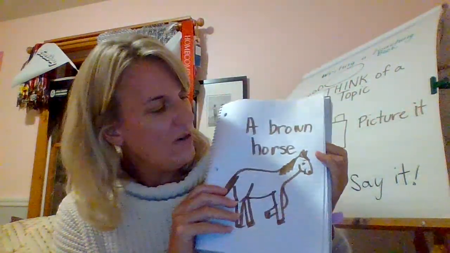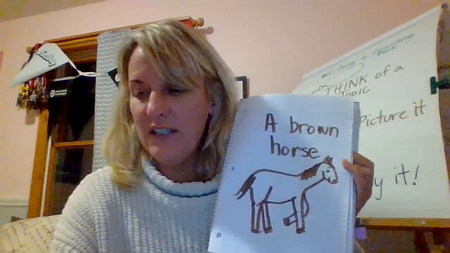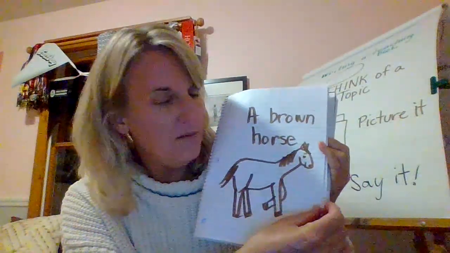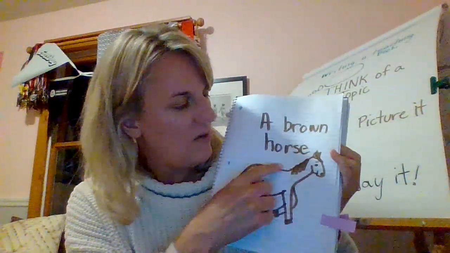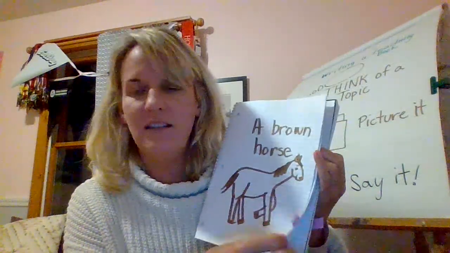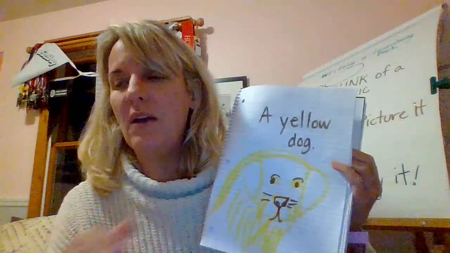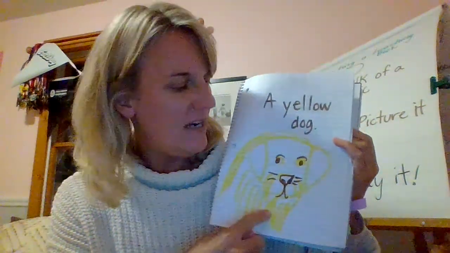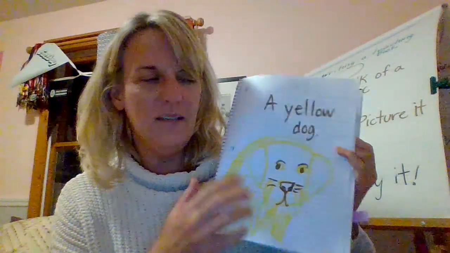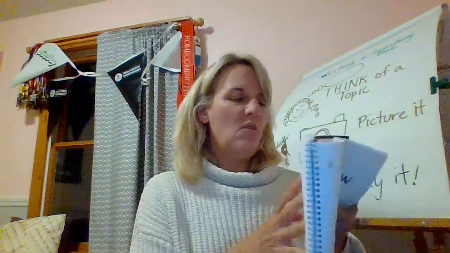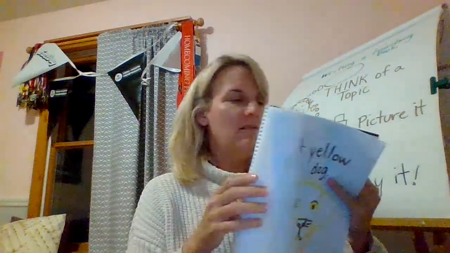Here's a page with a horse. You know, I love horses. We could probably add some details on this page about his mane and how it feels, right? And the last page is about my dog Daisy, and maybe I want to add on this page a fun ending.